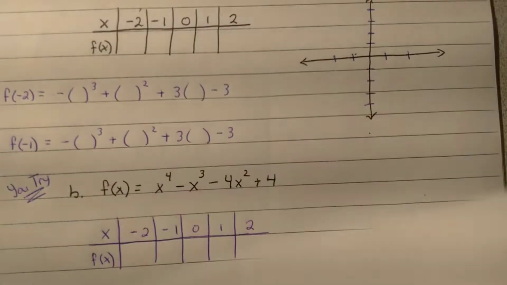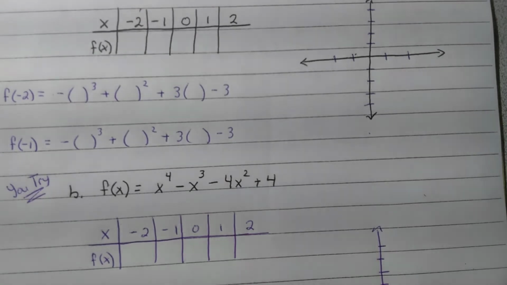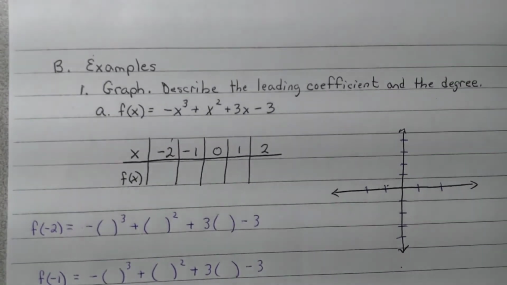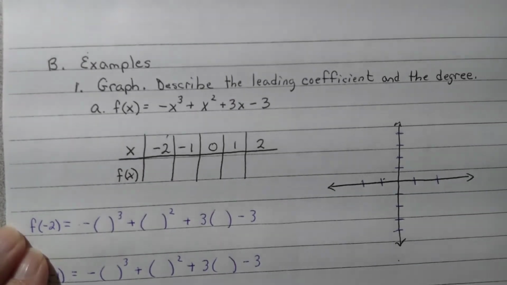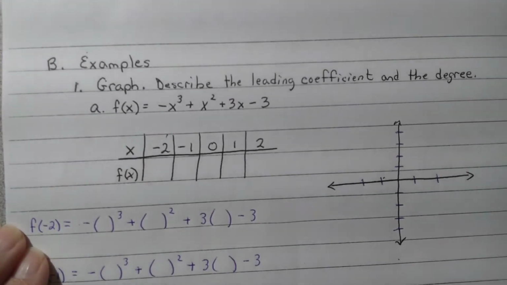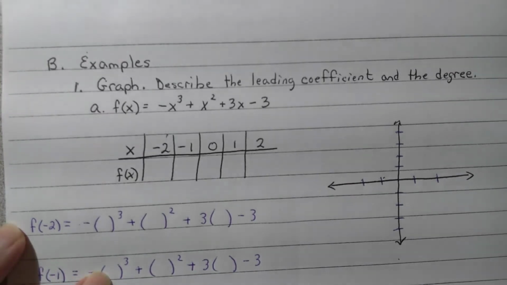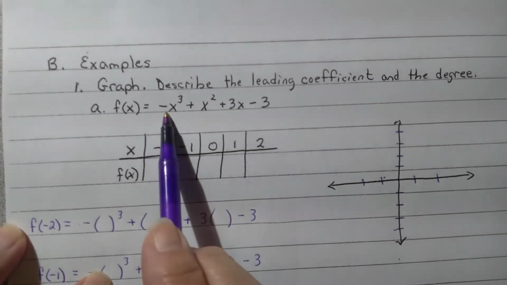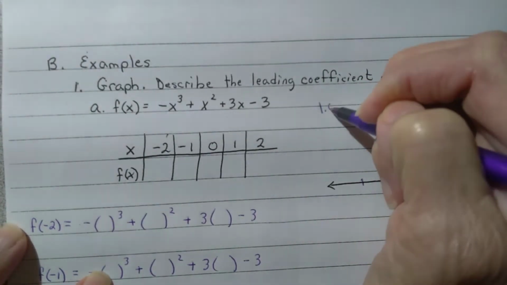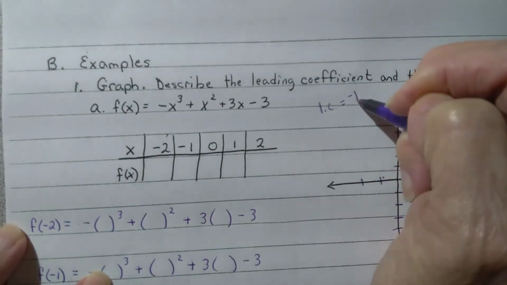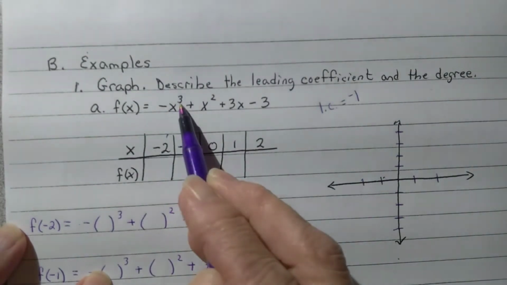Okay, let's get down to some work. And here we go. So we are going to graph the following and describe the leading coefficient and the degree. Leading coefficient is -1. The degree is 3.